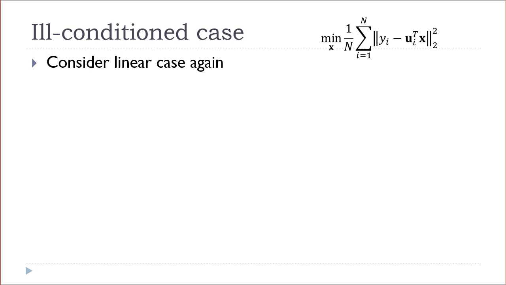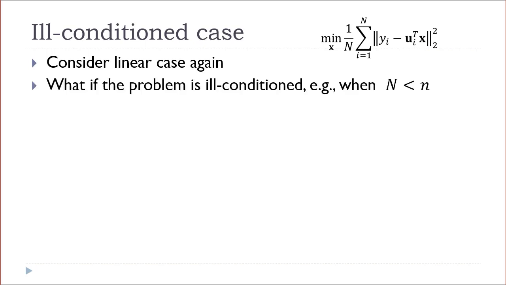We know that the problem may be ill-conditioned, for instance, when the number of points capital N is less than the number of parameters small n. Intuitively, you can imagine that if the goal is to estimate small n number of parameters, then we expect the number of observations capital N to be much larger than this small n. So when capital N is less than small n, then there are infinite number of solutions.